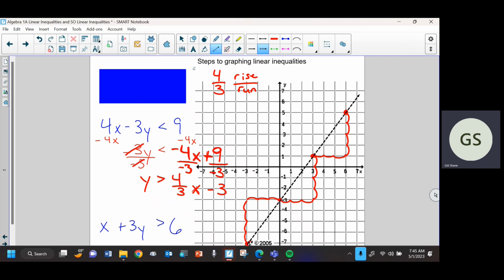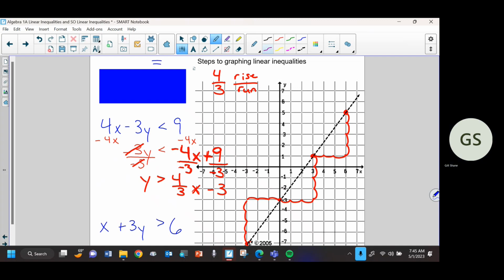If this symbol here would have just been an equal sign, if both of the symbols would have just been an equal sign, that's what I mean by wherever they cross is the solution. In this case, though, there's an infinite number of solutions because I just need this left side to be less than the right side. There's a whole bunch of combinations of numbers that can make the left side less. That's why we have to shade.